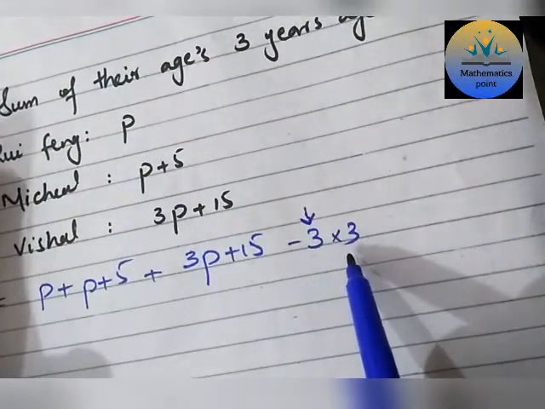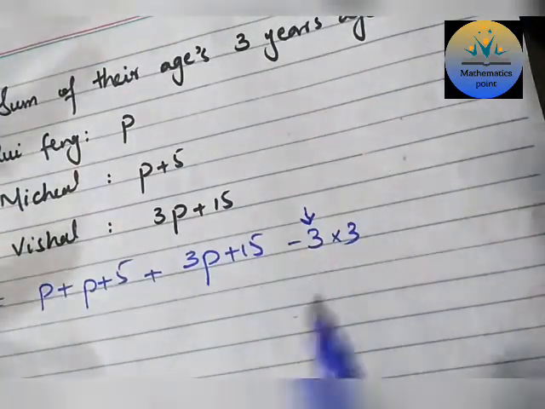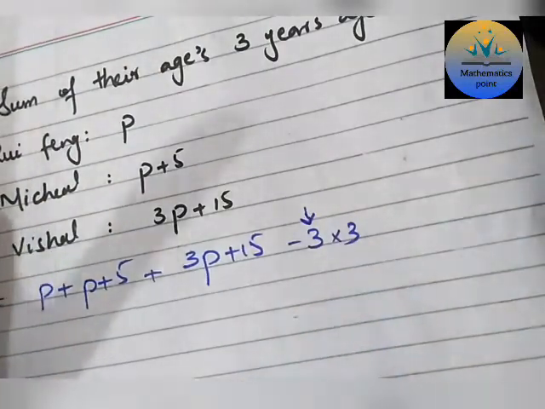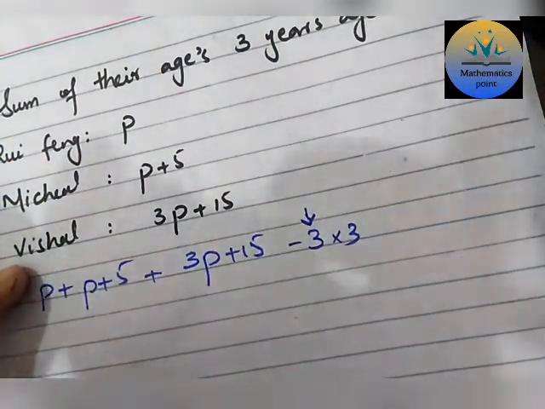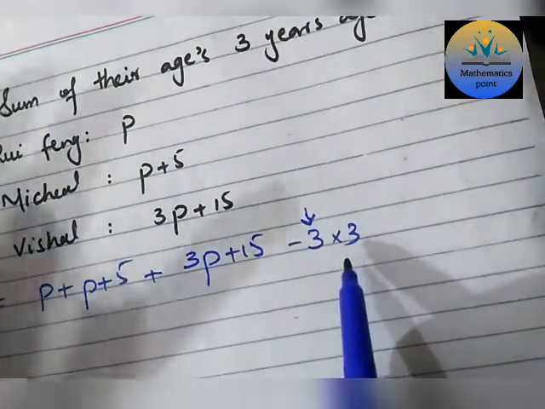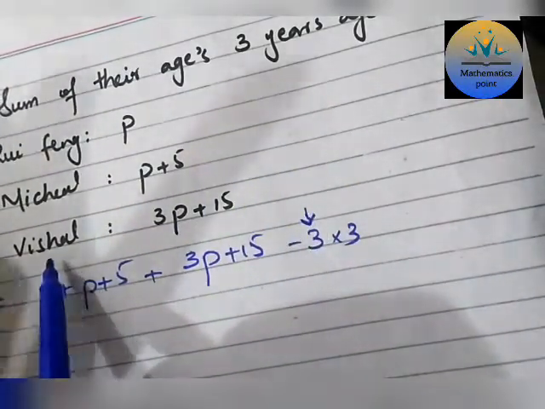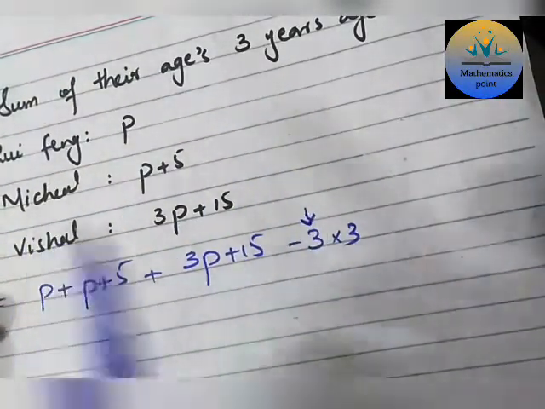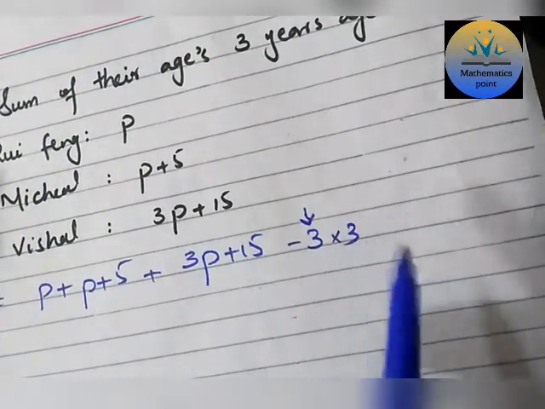And this other 3 is the number of persons, 1, 2, 3, that's why I multiply by 3. Suppose there were 4 persons or 5 persons, I would multiply 3 into 5. It depends on the number of persons that you have.